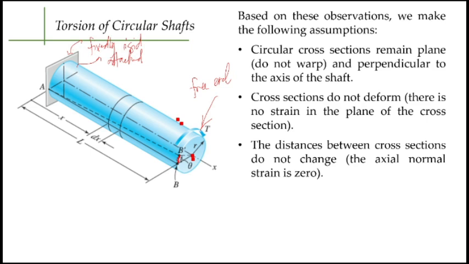One of those assumptions is that once your twisting force is applied, we assume that the material will not warp, which in reality is not true. It's ideal for a material to not warp if a twisting force is applied.